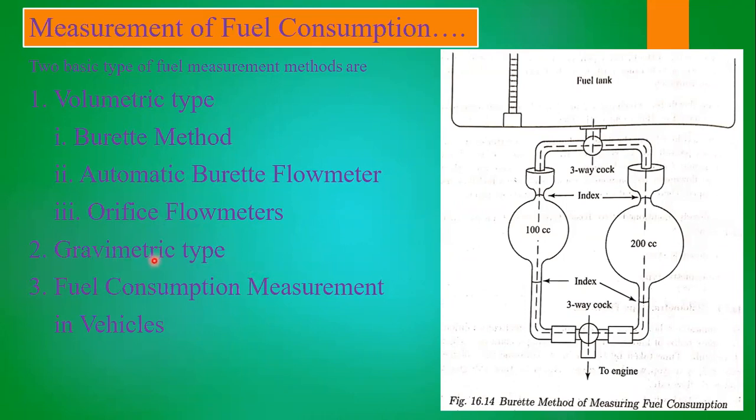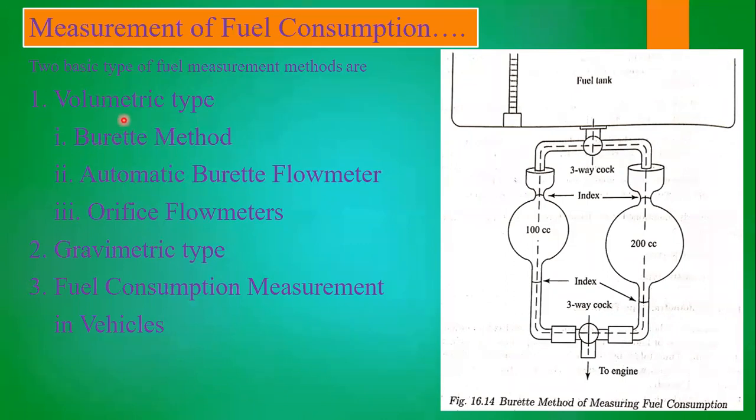So we need to take the gravimetric type, and this is the real accurate method where we can get actual measures. Whatever the driver is going to face is accurately taken here, and we will measure this in the units of kmpl, kilometers per liter.